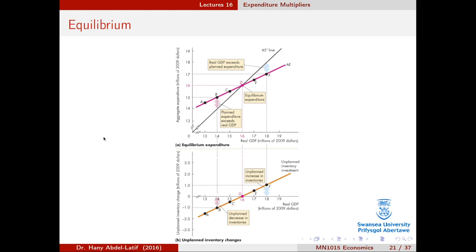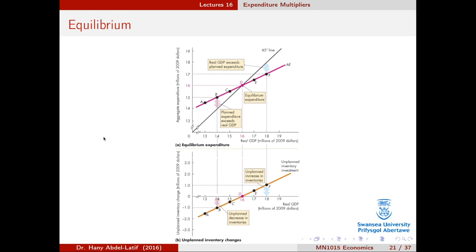That means it's equal: at point D, the real GDP equals the aggregate expenditure. So what all firms produced equals what all sectors plan to spend. That's equilibrium. What we plan to spend equals the real GDP we have.